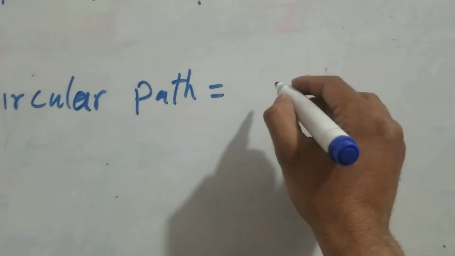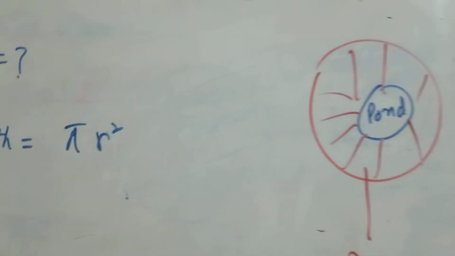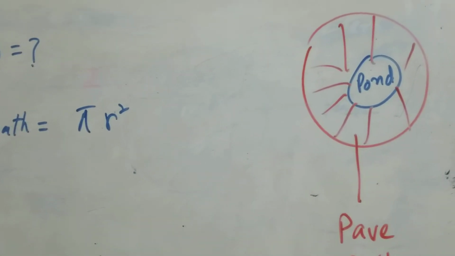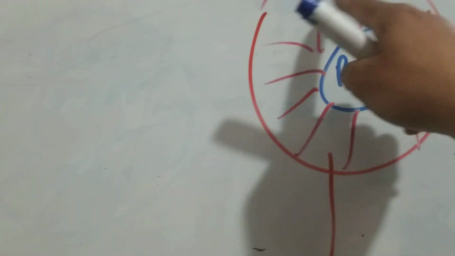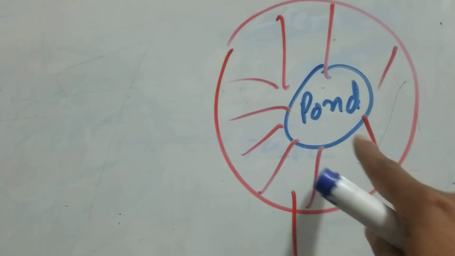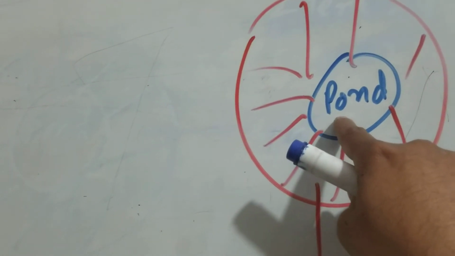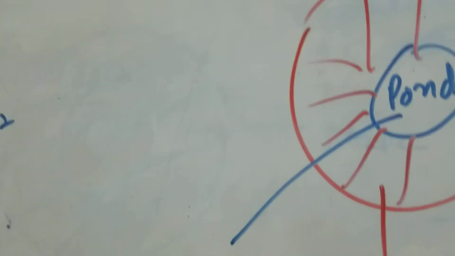It's pi r square. So guys, if we find the value of this paved path, then we subtract this area. What is the value of this? This is 36 pi.